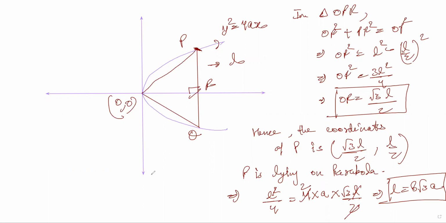Now see, this L is not equal to 4 L. L is equal to 8 root 3 L. So only after checking can we say what type of equilateral triangle this is.